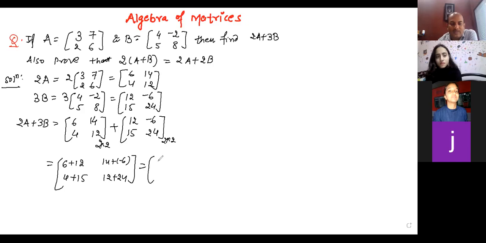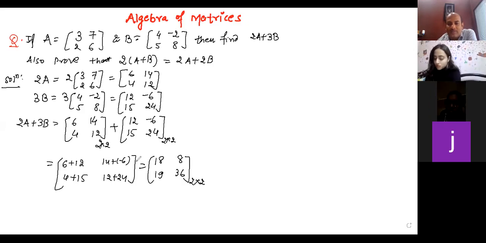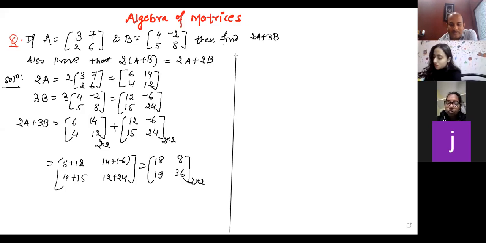So 18, 8, 19 and 36. This resultant matrix also has order 2 by 2. So in addition, the order of the resultant matrix does not change. It remains the same.